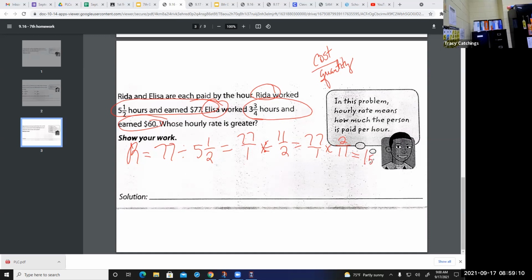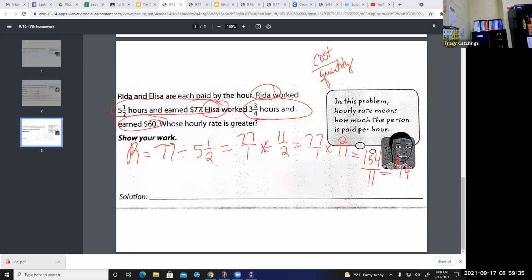Was it 154? And then divided by 11, you said it gave you 14? Divided by 2 or by 22? I'm thinking it was by 2. You got 154 when you did your multiplication?